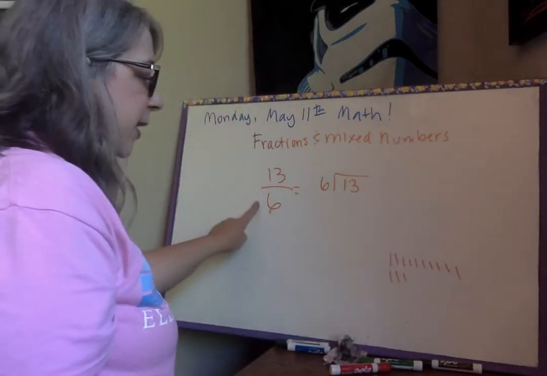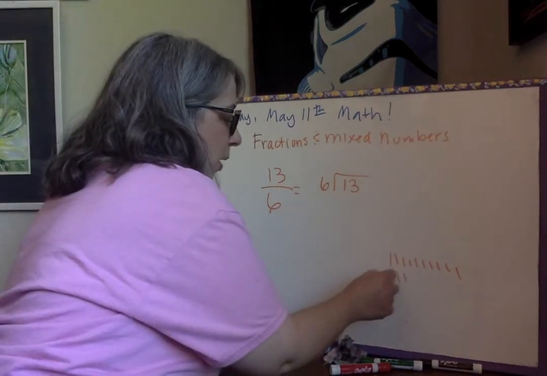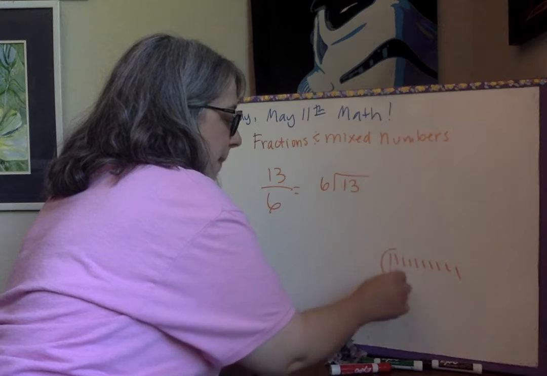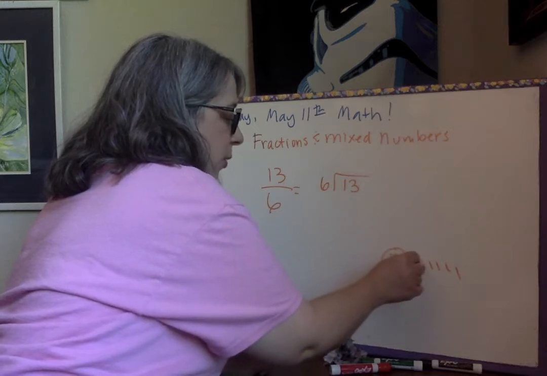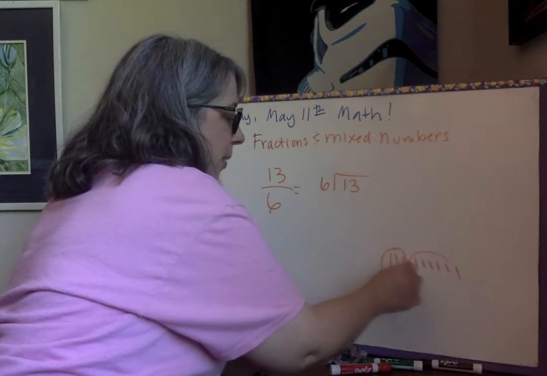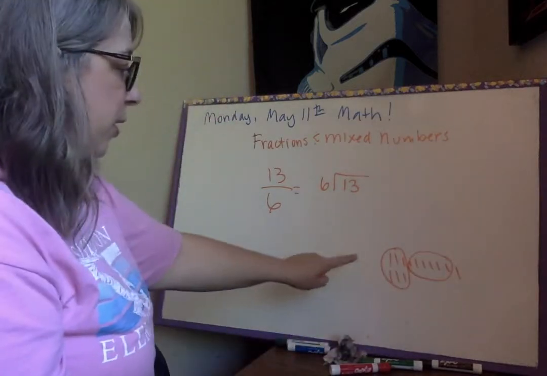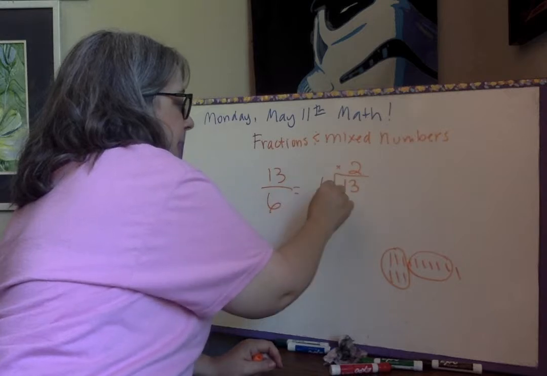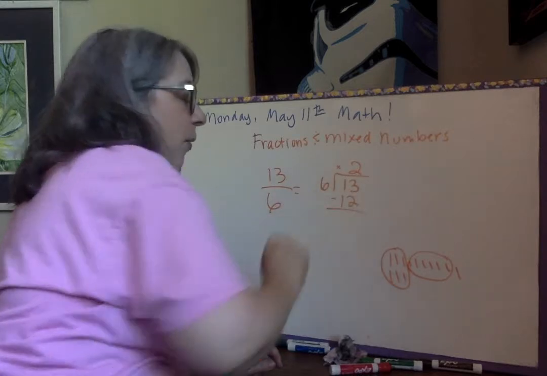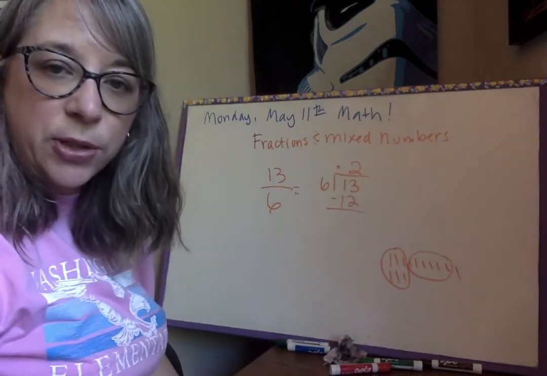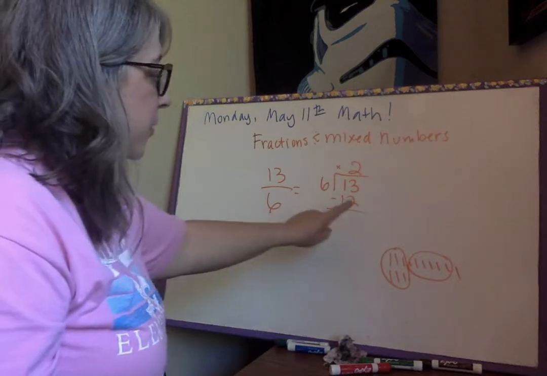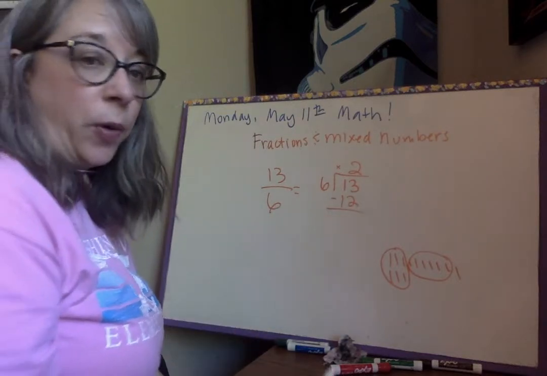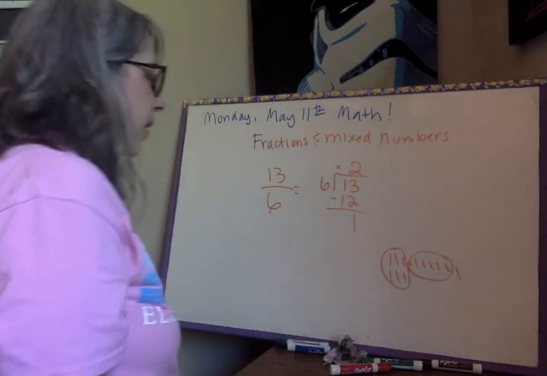Well, let's divide 13 into 6s. 1, 2, 3, 4, 5, 6. 1, 2, 3, 4, 5, 6. So how many times can 6 go into 13 without going over? 2, because we know 2 times 6 is 12. And we're going to subtract 13 and 12. That's going to be 1. We have 1 remainder.